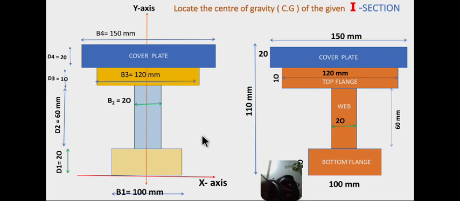So therefore the values of x are 0, because the given section is symmetric about the y-axis. Therefore the centroid lies on the y-axis only. There is no need to find the values of x1, x2, x3, x4. Now I am locating the individual centroids.